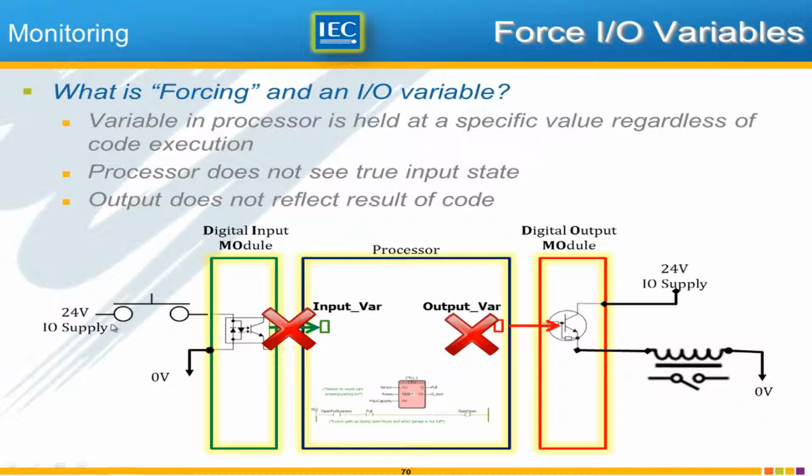There are different mechanical or electrical issues that could go wrong, and that will affect your processor and the code that you have, and you may just want to test what will happen if I turn this input on, assuming that we'll fix that in the future. So to troubleshoot and cause the program to run regardless of any wiring problems, you can use force.